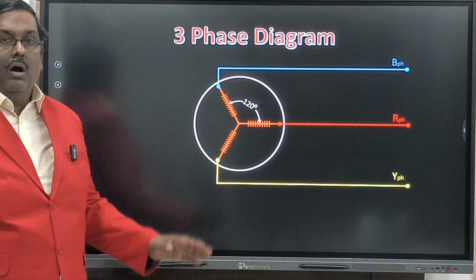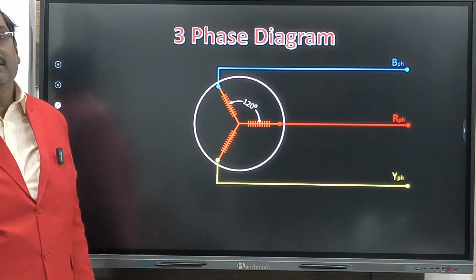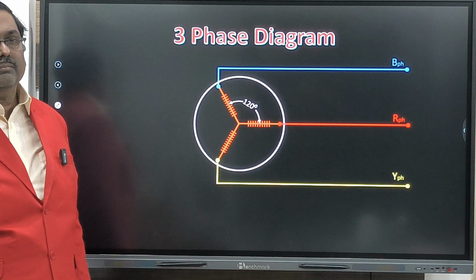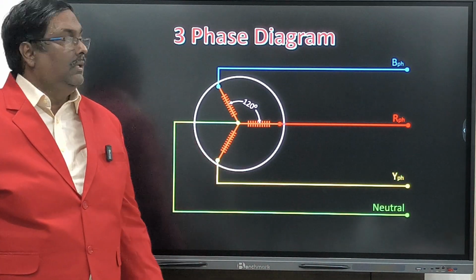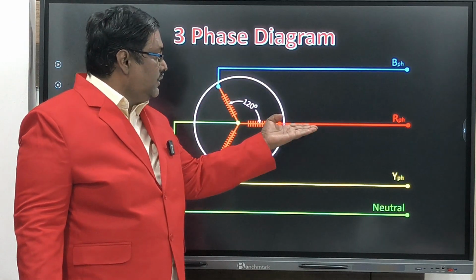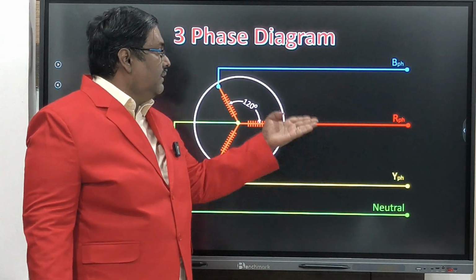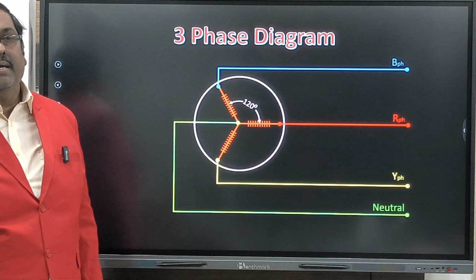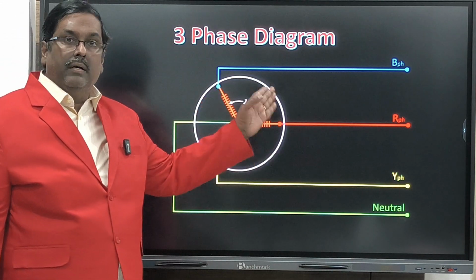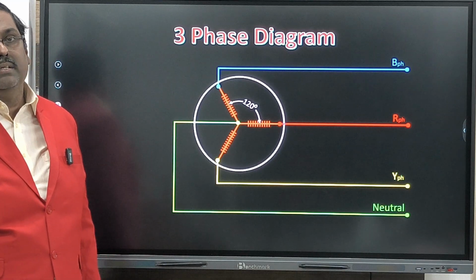I told you that if you add all the voltages together, the answer will become 0. So that is why we can take this point as a neutral. This is one phase line, this is one phase line. The voltages are the same, but there is a 120 degree time lag between each other.